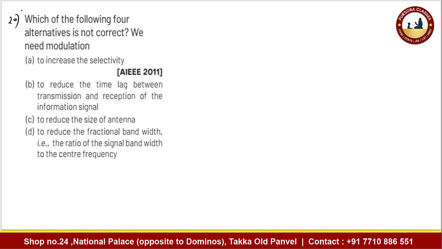Moving ahead with the next question, students. Which of the following four alternatives is not correct? We need modulation to increase selectivity. Yes, we need modulation to increase selectivity, because in modulation the frequency changes. To reduce the time lag between transmission and reception of the information signal, no, it does not reduce the time lag.